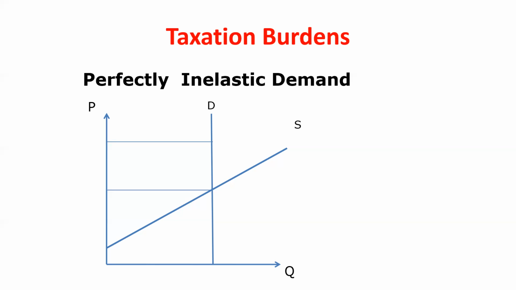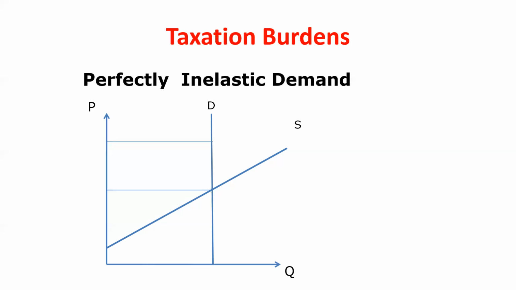Then we have a regular supply curve. Before the tax, here's my equilibrium price. What's the elasticity of demand if we have perfectly inelastic demand? Remember, it's the percent change in quantity from a percentage change in price. What will the elasticity of a perfectly inelastic demand always be? 0.